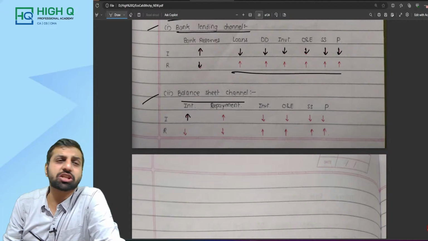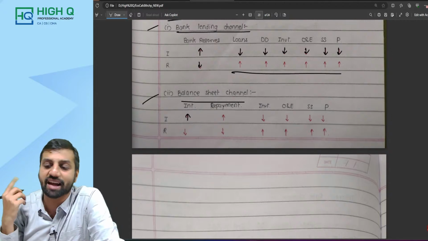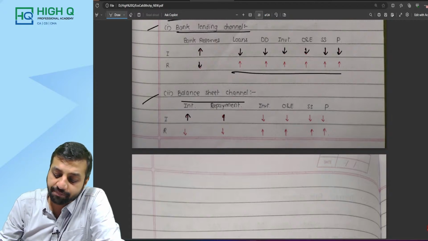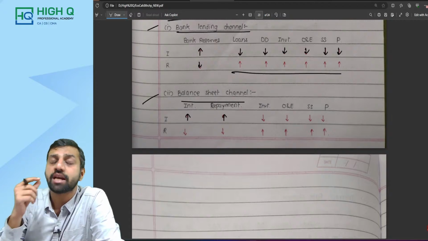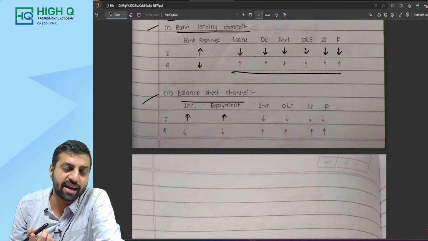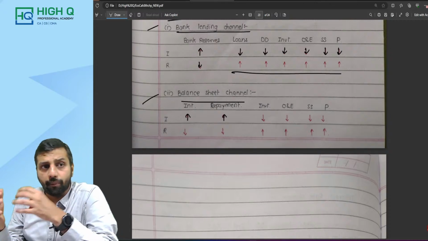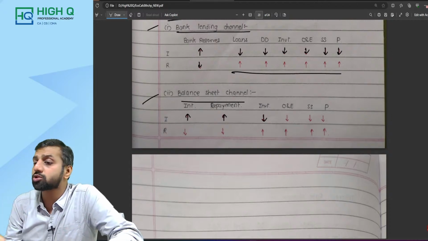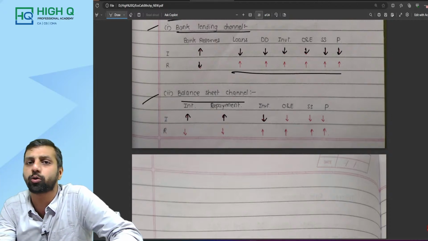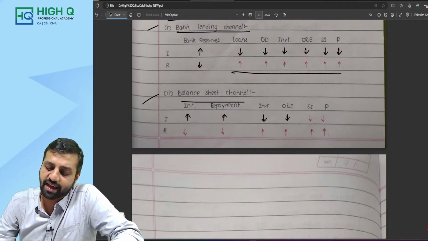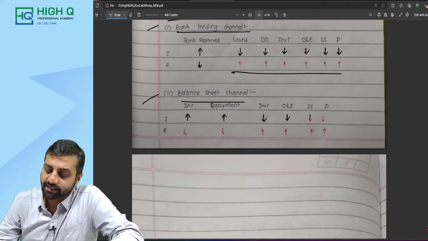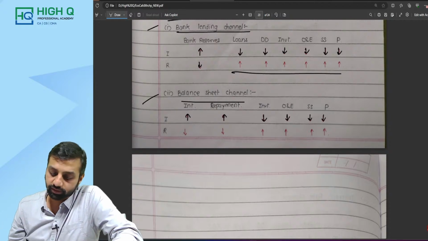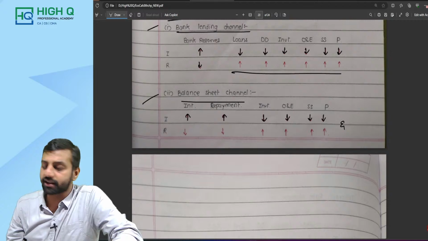So during inflation, generally the interest rates rise. If the interest rate rises, interest repayment will rise. So the amount of money available with the company to invest will be less, because more money is going towards the repayment of the loan. If investment is less, output and employment will be less, supply will be less, and prices will fall. And vice versa during recession.